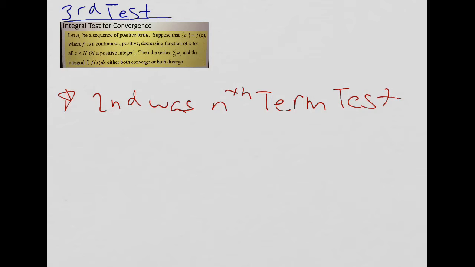There are about 9. There are more if you want to do them, but there's 9 that are needed in our course. Okay, so the integral test for convergence says that the a sub n is a function.